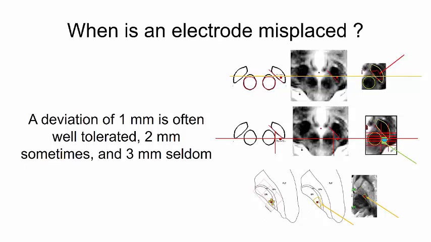So, when is an electrode misplaced? We have often heard the statement that a deviation of 1 mm is often well tolerated, 2 mm sometimes, and 3 mm seldom. I believe this to be quite true.